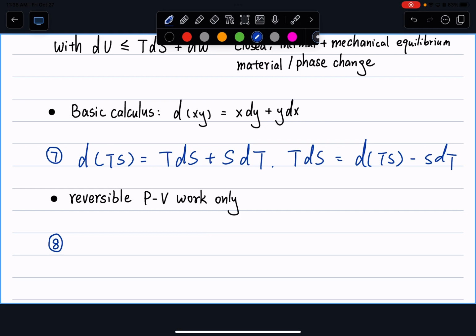Next up, let's define a process only considering the PV work. For reversible PV work only, we have dW reversible equals negative PdV. So this dW term becomes negative PdV.